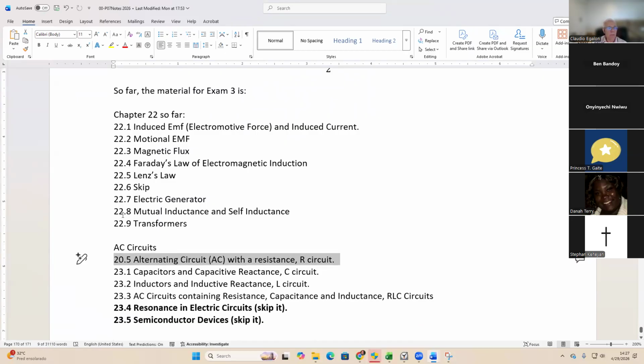Yeah, 22. Electric generator right in here. You need this electric generator before we start talking about AC circuits, because the electric generator is the source of AC circuit. So it's part of chapter 20, 20.5. Capacitors and capacitive reactance, inductive reactance, AC circuits containing resistance, capacitance, and inductance. We covered all of that.